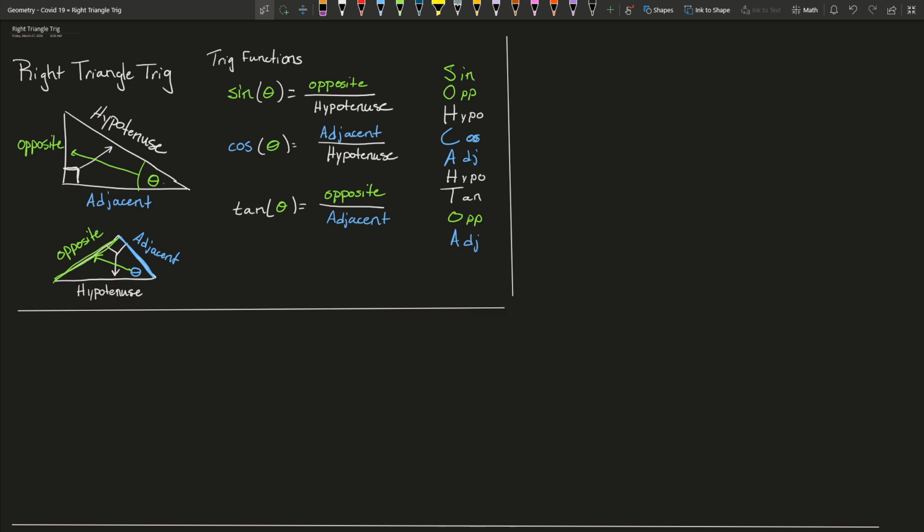The first one is just the Pythagorean theorem. What that says is that if you have a right triangle, which is pretty much the only thing we're going to be dealing with for the next couple weeks, the longest side is the hypotenuse.